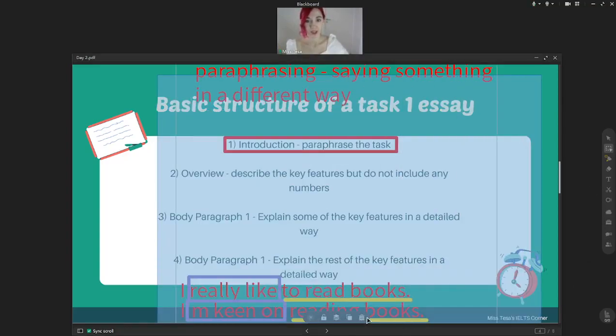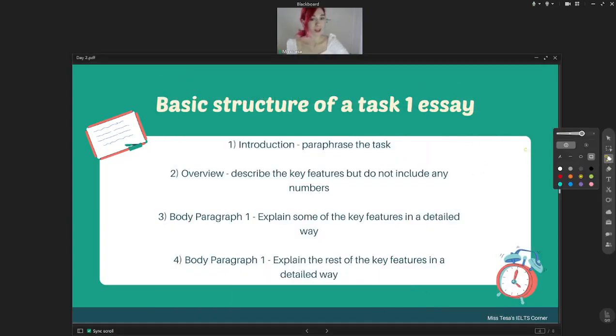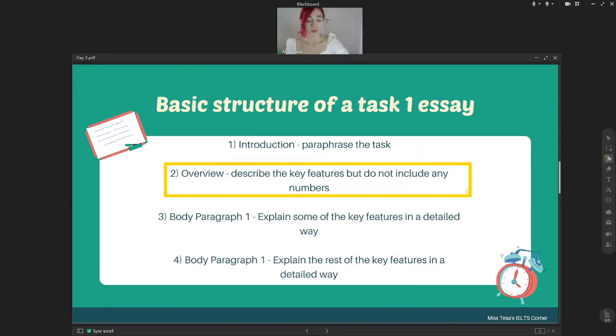Okay, now let's talk about the overview. In the overview, you just want to write down the most important things. So kind of a general view of the graph.